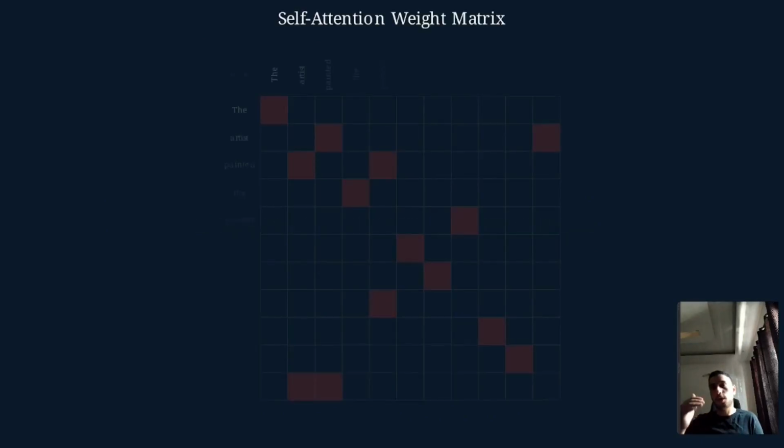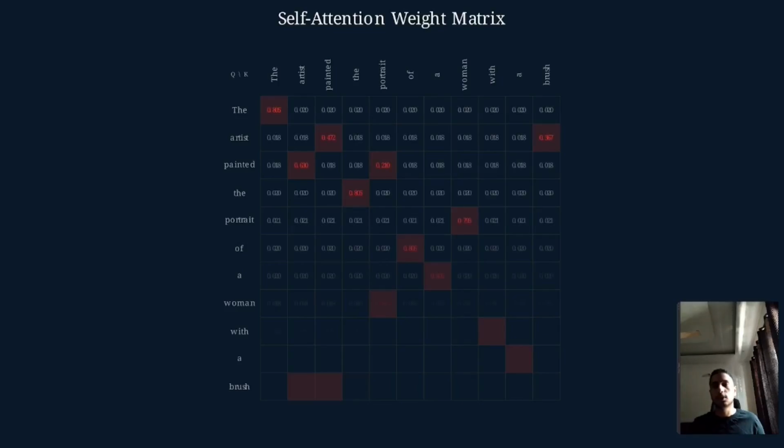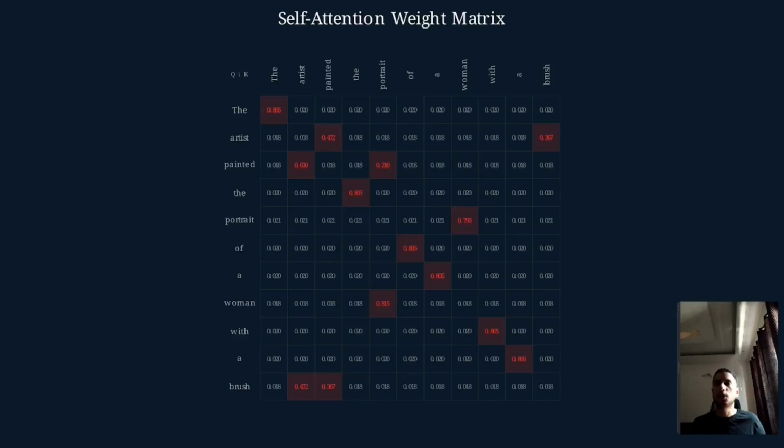So if we take an example of our whole sentence, the artist painted the portrait of a woman with a brush, we have mapped the attention scores for it, and we have mapped which attention scores are the highest. So this is the basic way of getting the attention scores.